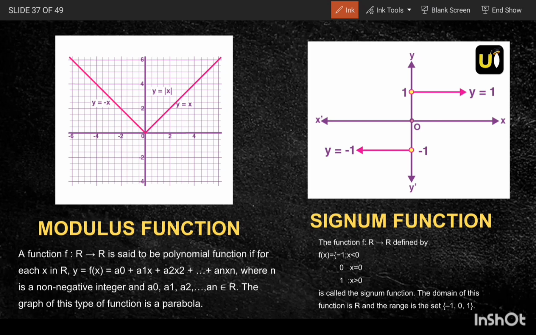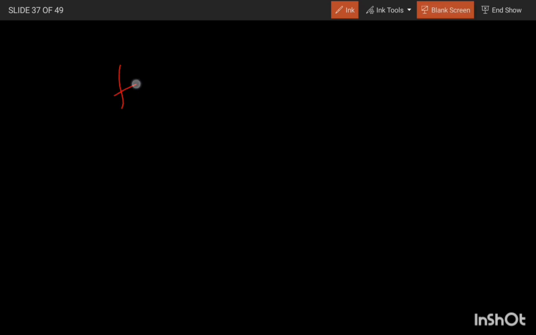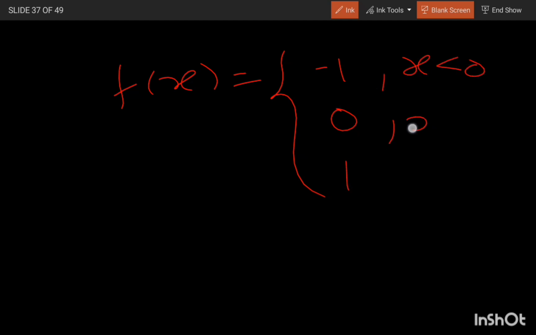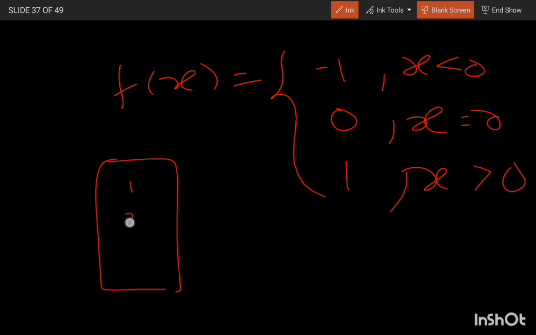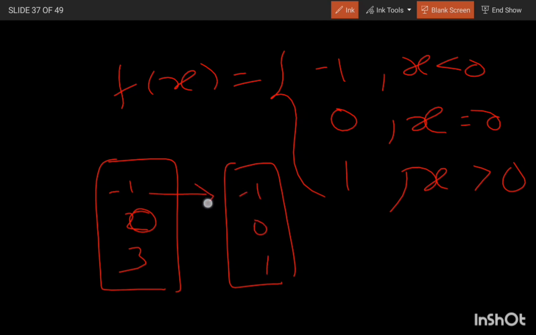Next, signum function. Signum function is defined as f of x is equal to -1, 0 and 1 for x less than 0, for x equal to 0 and for x greater than 0. So for the values which are less than 0, f of x value is -1.